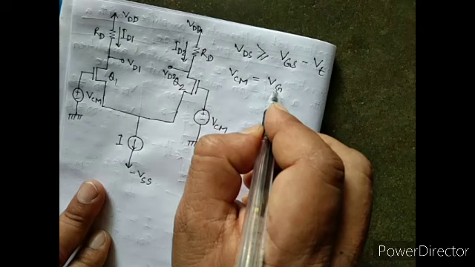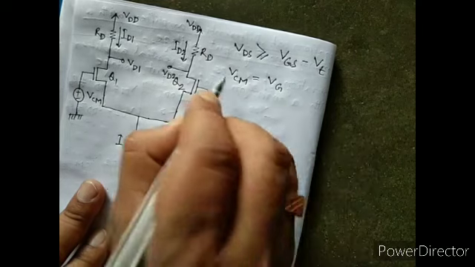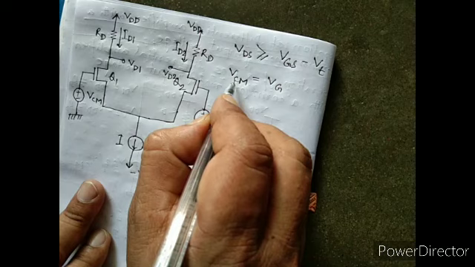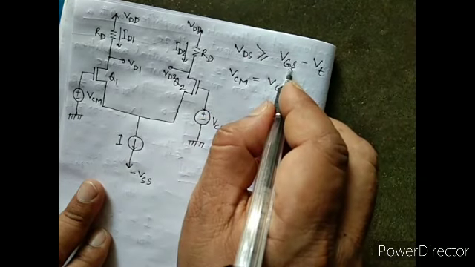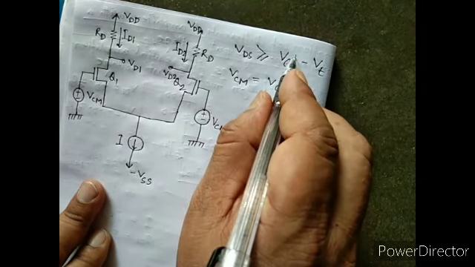When VG is maximum, then VCM is maximum. For that, VGS should be high enough.